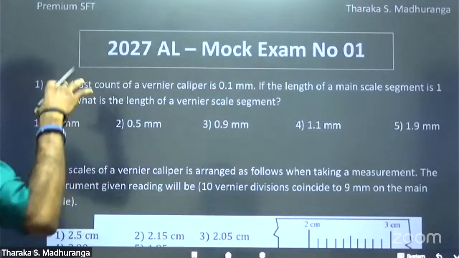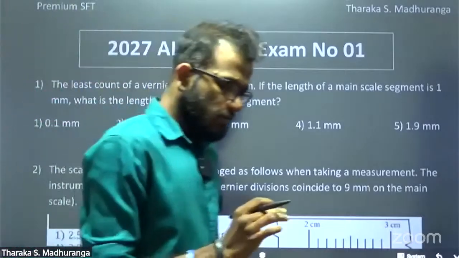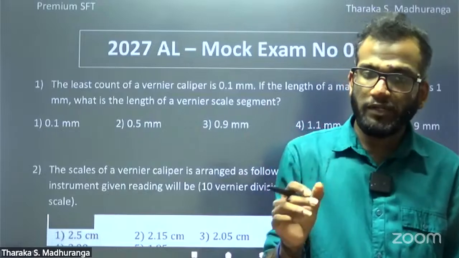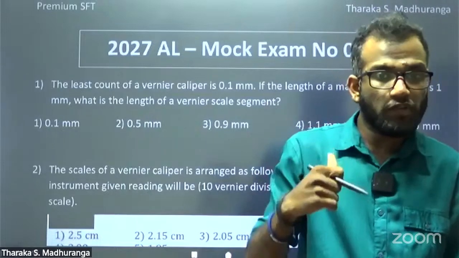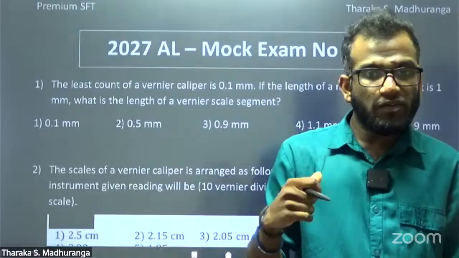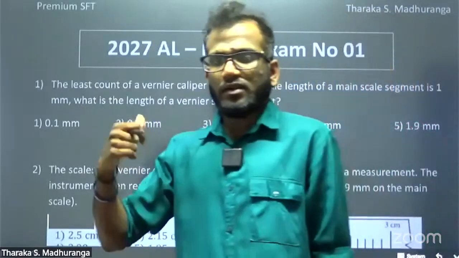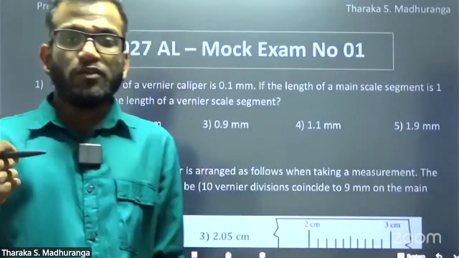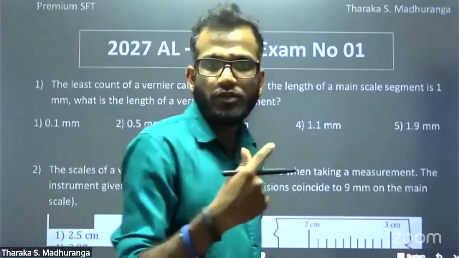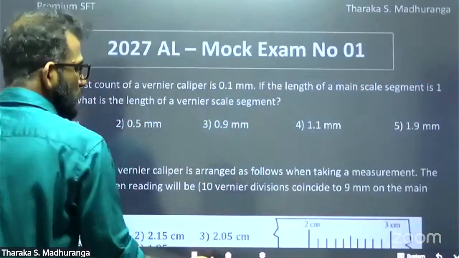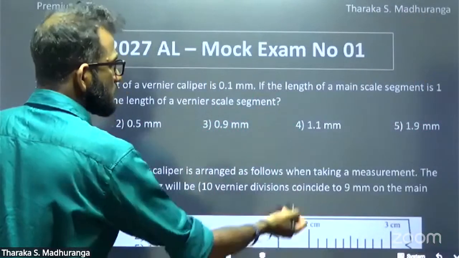This question is based on the least count of the vernier caliper. The least count is given as 0.1 millimeter, and the length of the main scale segment is also given. The length of the vernier scale segment is asked. Okay, you already know.